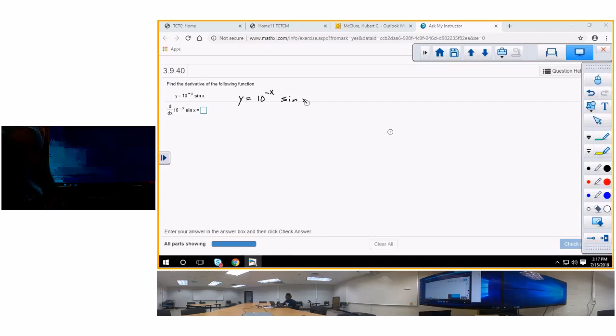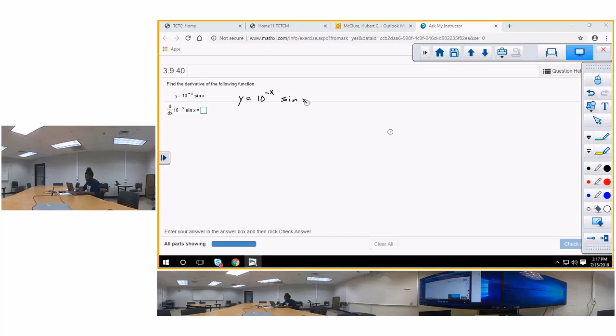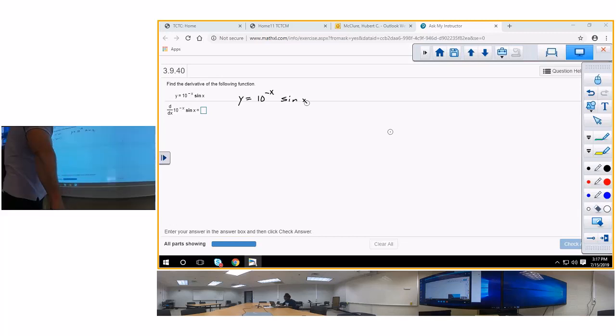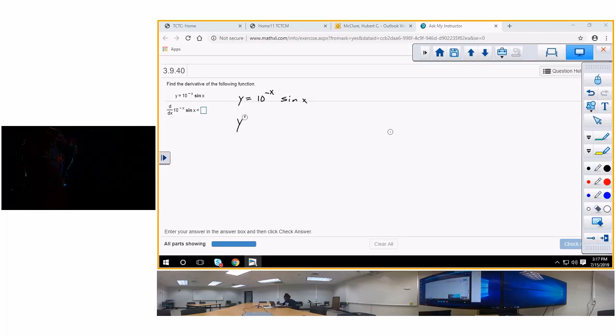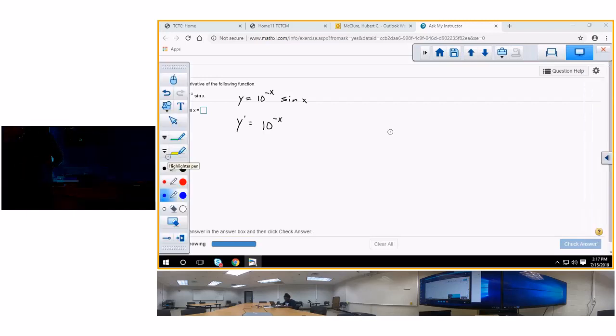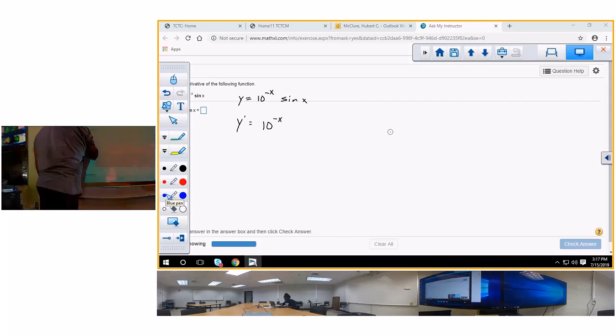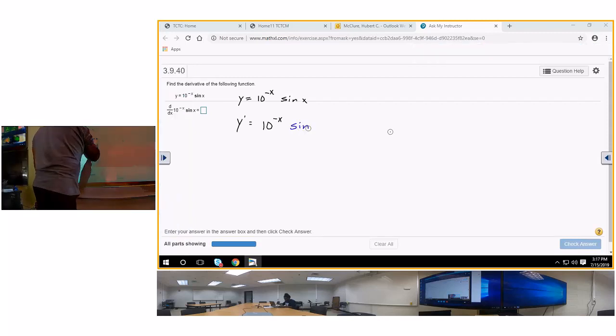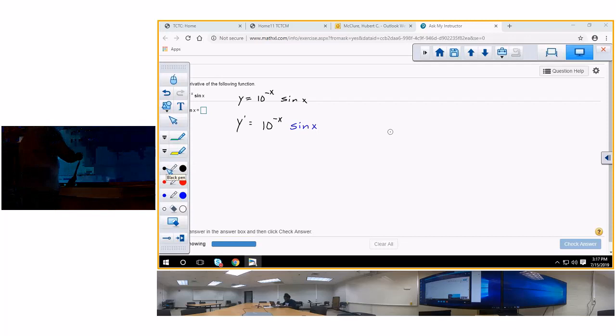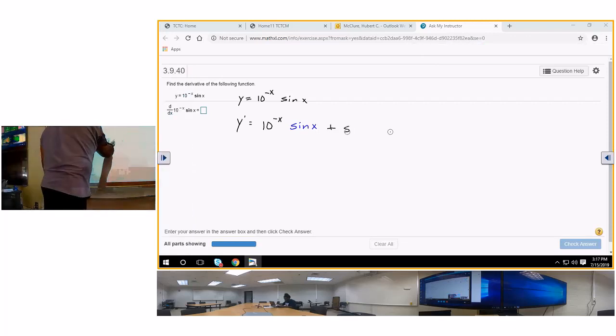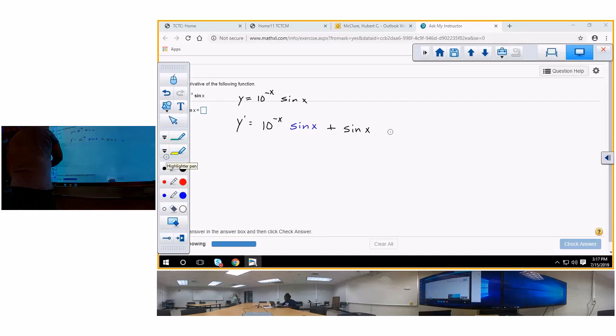Yeah, I would use the product rule because that way you don't have to multiply at the end by y. So y prime is equal to first, and I'm going to write the derivative in blue. I'm not going to do it yet. Times the derivative of the second plus the second times the derivative of the first.